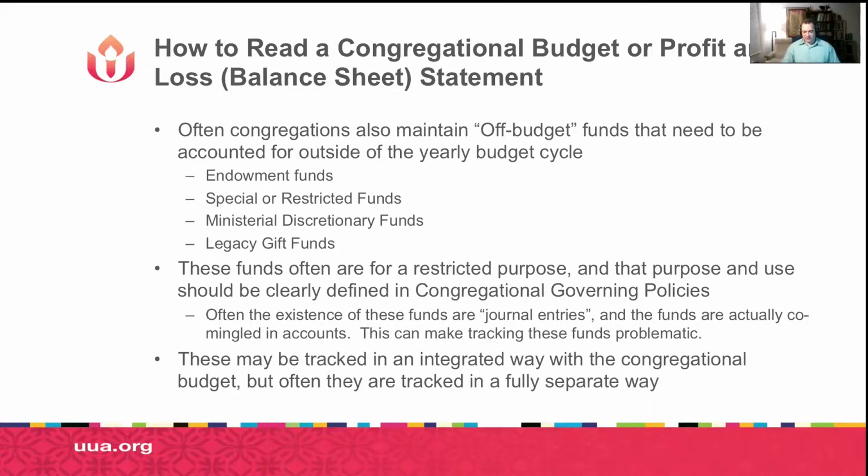That being said, I do get that the proliferation of accounts that could come from having multiple funds can also be problematic. So the right answer here is probably really good tracking of journal entry funds when they're not in a separate account. Go ahead, Beth.